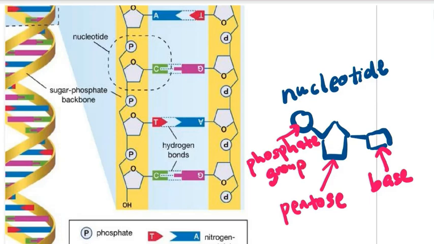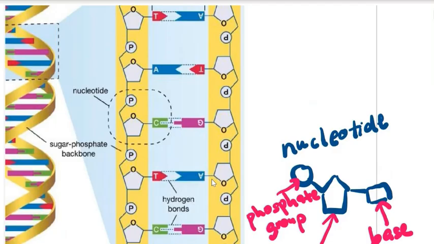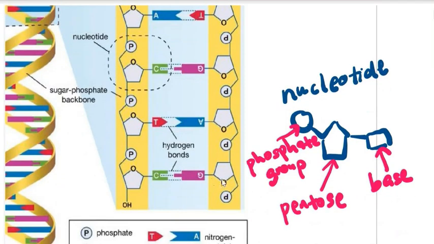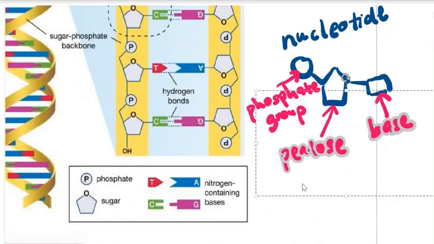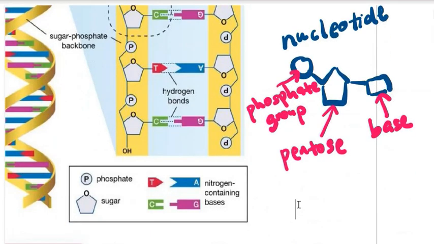Now we focus on the base, okay? Because in the DNA there will be a repeating unit of the pentose and the phosphate group, but the base might not always be the same, correct? We call it the sequence of the base, because the bases inside the DNA consist of 4 types. There are 4 types of base inside the DNA.